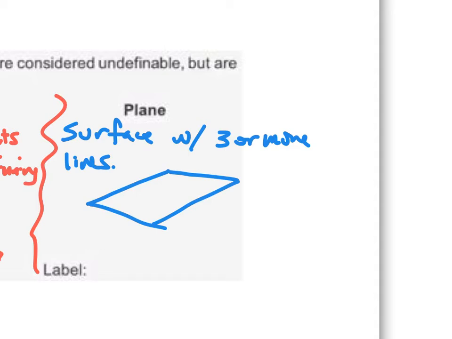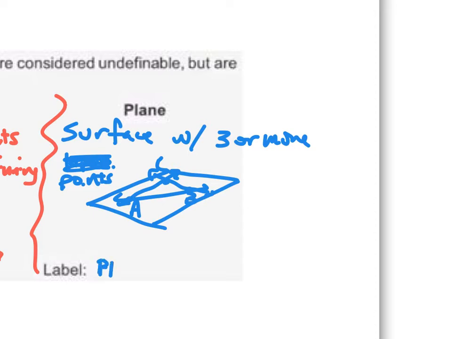On that paper, I would have 3 points, actually 3 or more points, not lines, that create this. I would call those points A, B, C, and we could connect lines on those. If I were to name this, I would name it plane ABC.